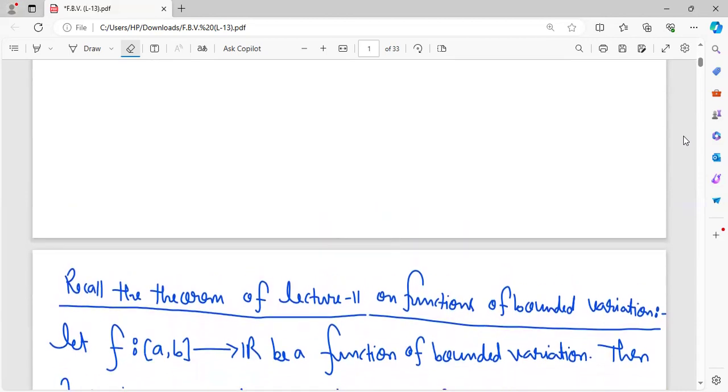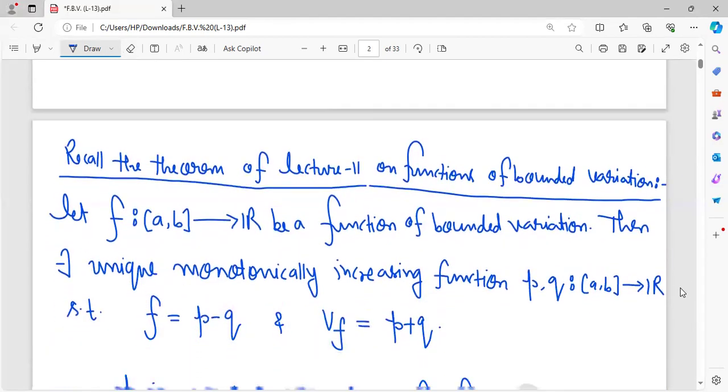Let f be a function of bounded variation from the closed interval [a, b] to R. Then there exist unique monotonically increasing functions P and Q from [a, b] to R such that f is P minus Q and the variation function of f is equal to P plus Q.